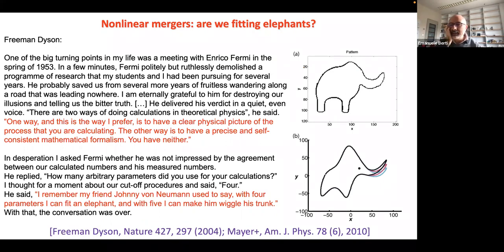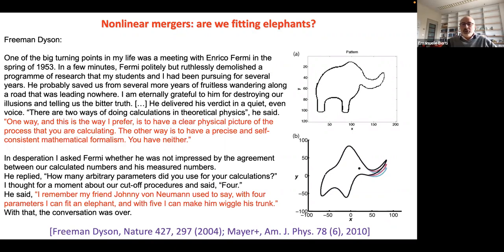At the time, people were looking at meson-proton scattering. Enrico Fermi had data, and Dyson had a model that fitted the data very well. So he went to visit Enrico Fermi in Chicago with his students. This story is reported in a very nice paper by Dyson in Nature.